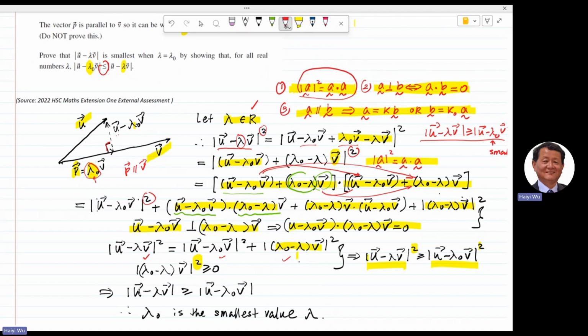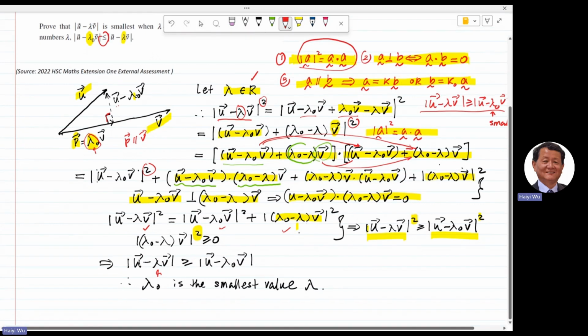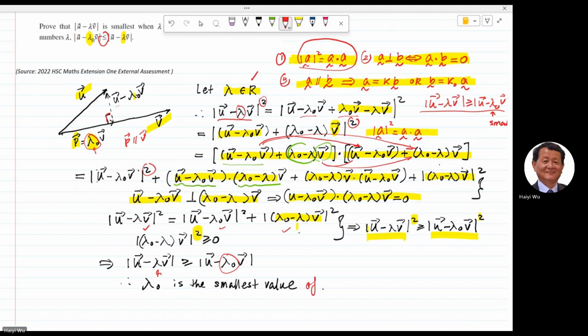So therefore, I've proved u minus lambda v is always greater or equal than u minus lambda 0 v. So therefore, that must be the smallest value of lambda. That's it. I proved that using those three rules.